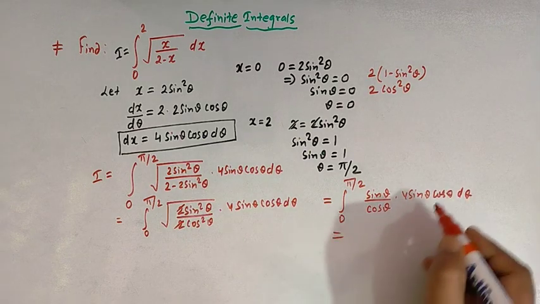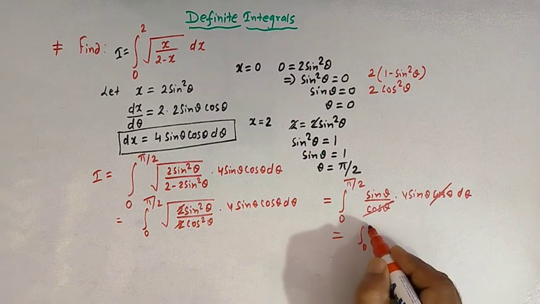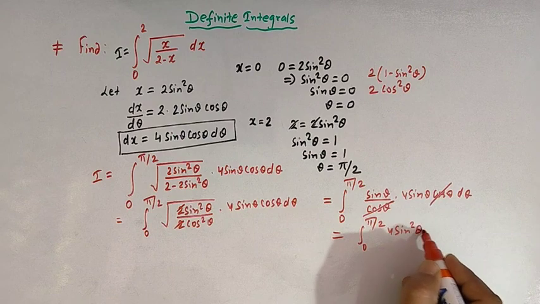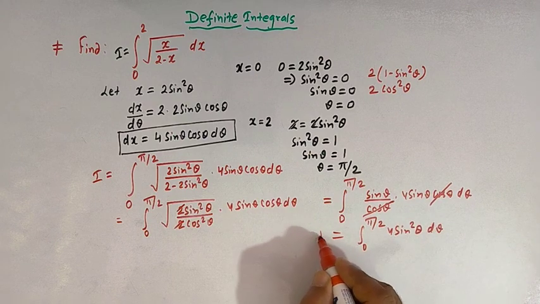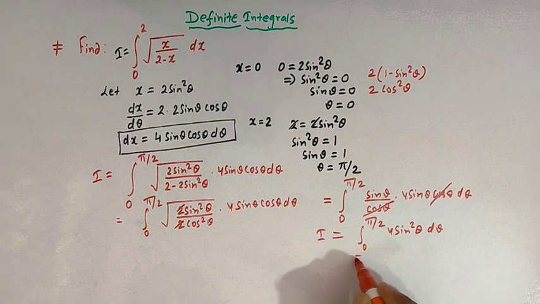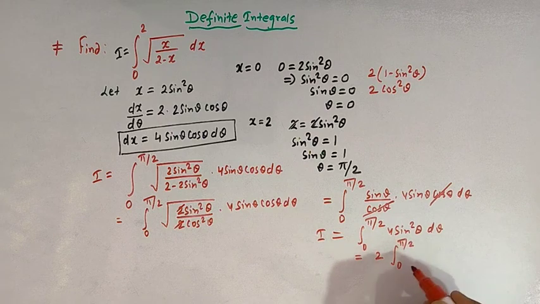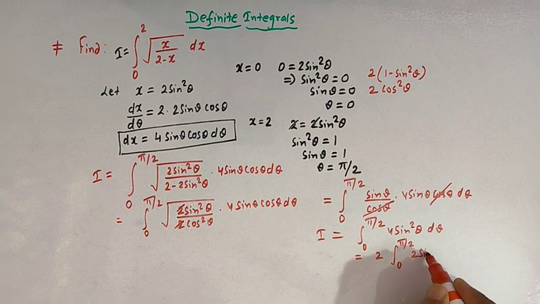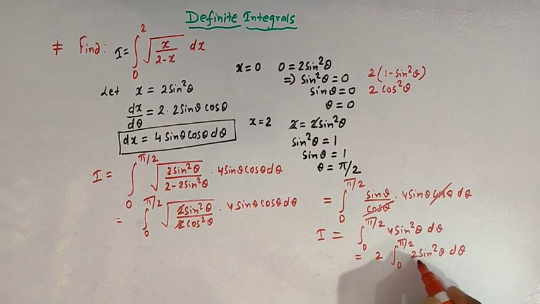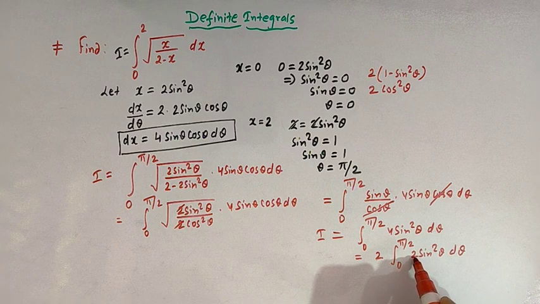Now cos theta and cos theta get cancelled, and we have 0 to pi by 2, 4 sine square theta d theta. So now we have this integral. We can write it as 2 times the integral from 0 to pi by 2 of 2 sine square theta d theta. We have written this 4 as the product of 2 and 2.